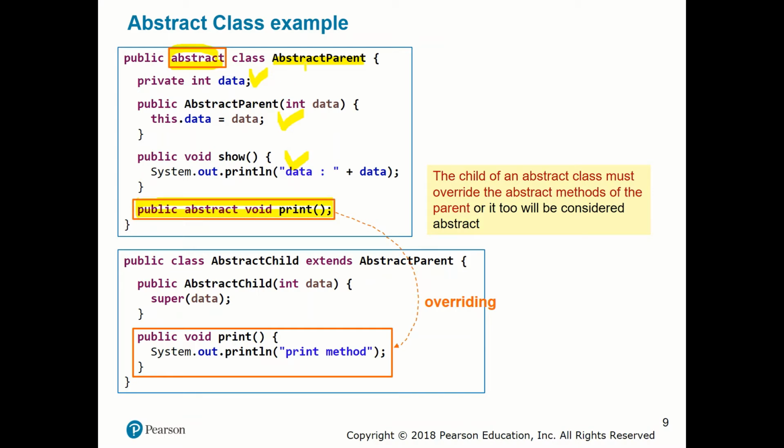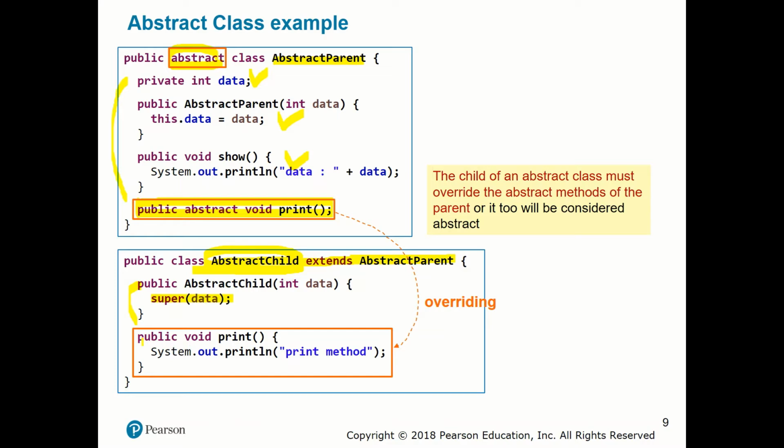So this class has one abstract method, and this is the abstract child class. This class extends AbstractParent. This means that the child class can use the members of AbstractParent. And this is the constructor, and as you see here, using the super keyword, the child class calls the parent class constructor.